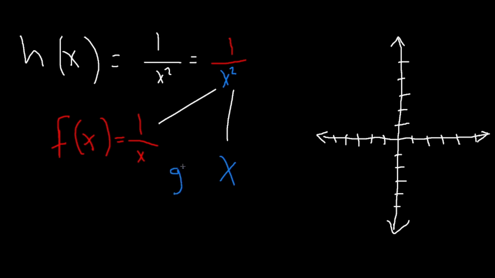So g of x equals x squared. So first thing we do is we're going to graph our inside function. So we're going to graph g of x here. G of x. That's the only thing we're worried about right now. So g of x is equal to x squared.